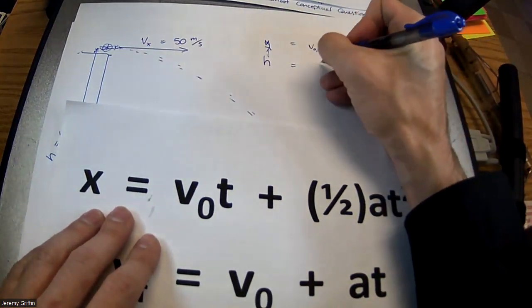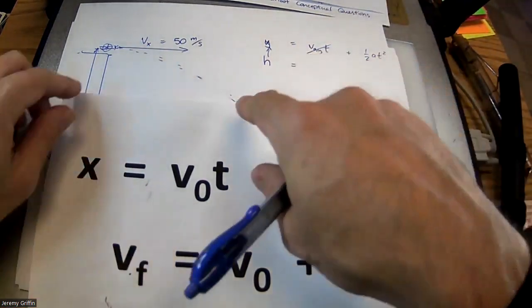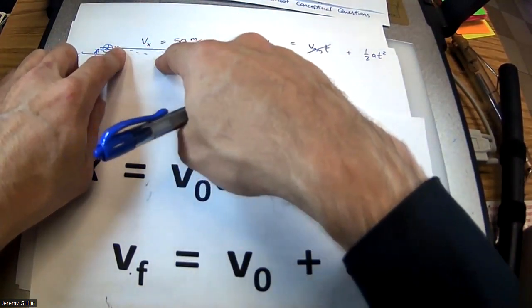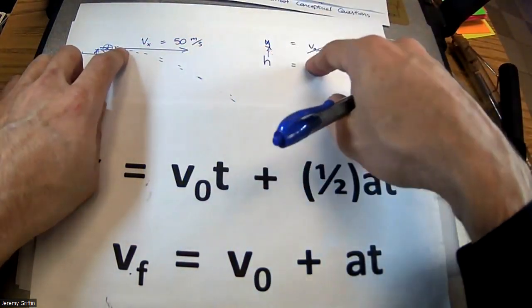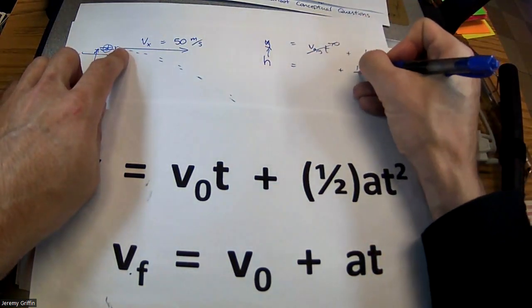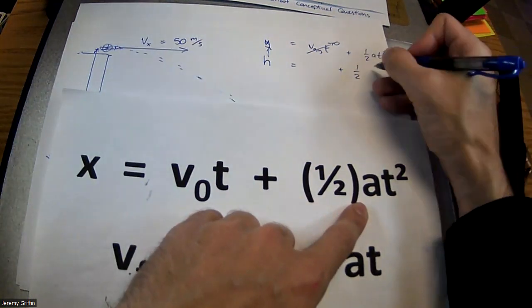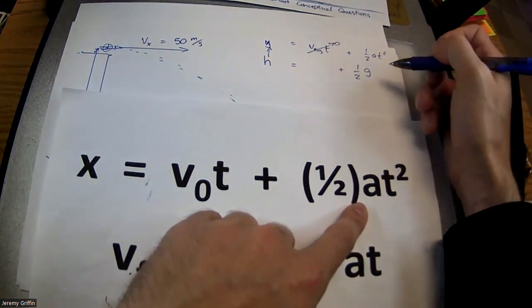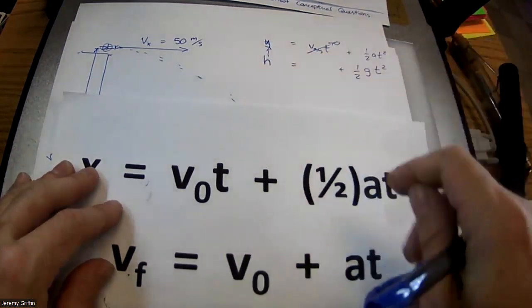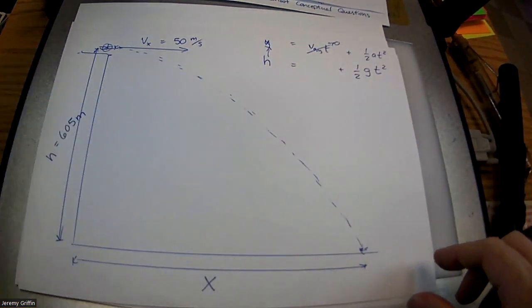This number is just 0 because the cannonball is not moving up or down leaving the barrel. Let some time roll forward and it starts moving down, but leaving the barrel, this is just 0. And then 1/2, but we have a special kind of acceleration, g, acceleration due to gravity, that's your 10 meters per second squared, and then for some time squared. Is that okay?